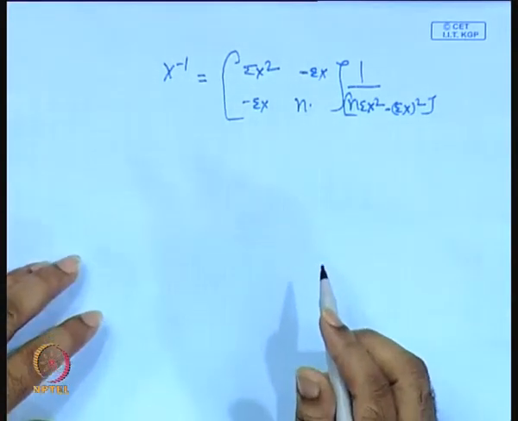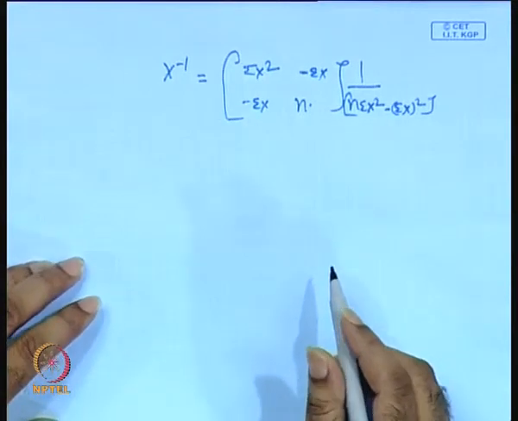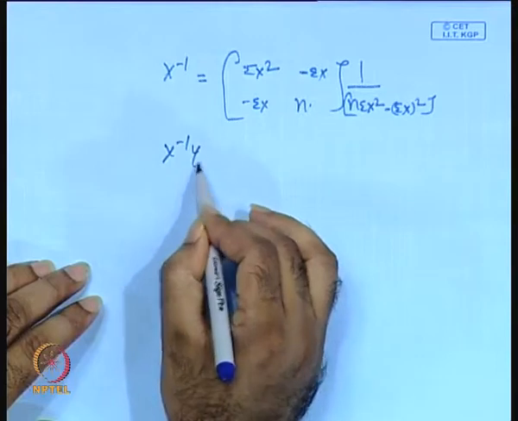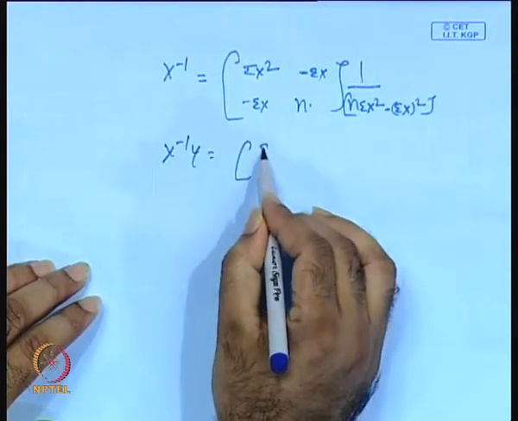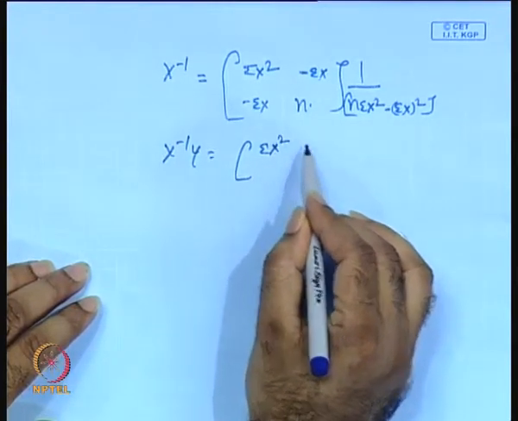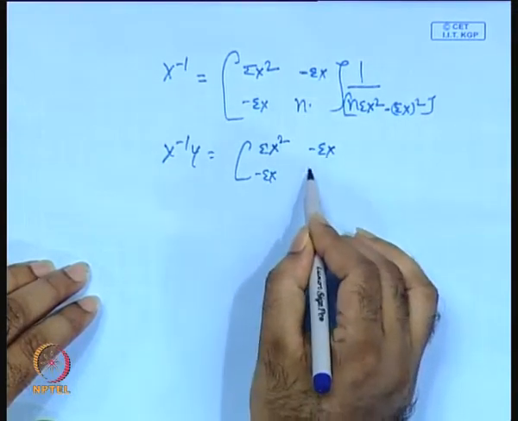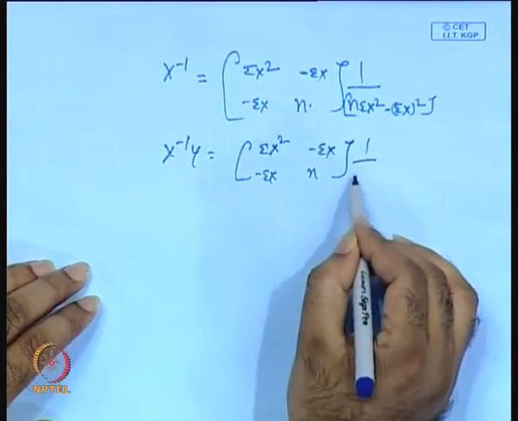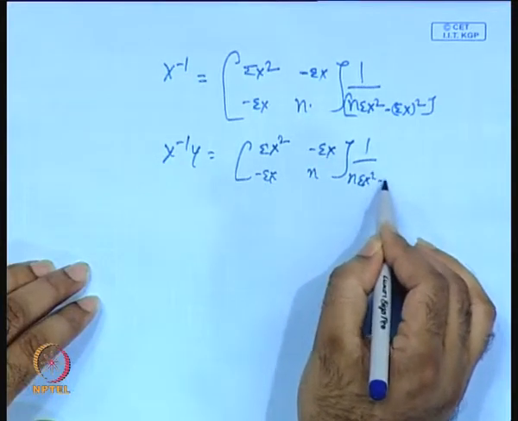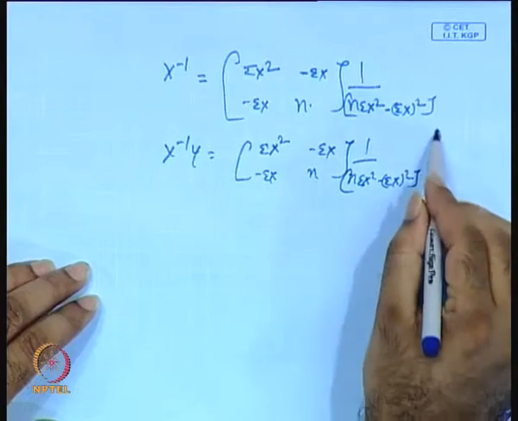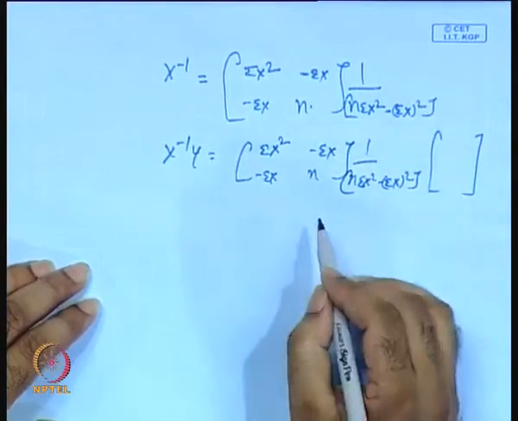Now we would like to know X inverse Y. Again we have to go for matrix multiplication: summation x squares, minus summation x, n, divided by n summation x squared minus sum x whole squared, into Y. What is Y?